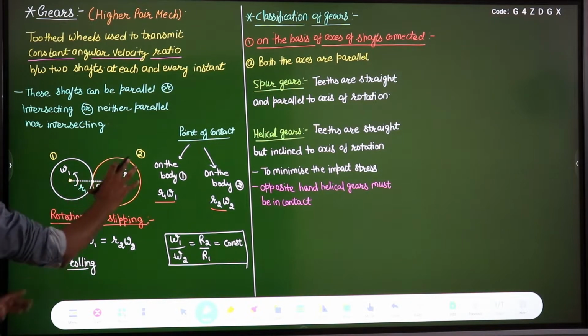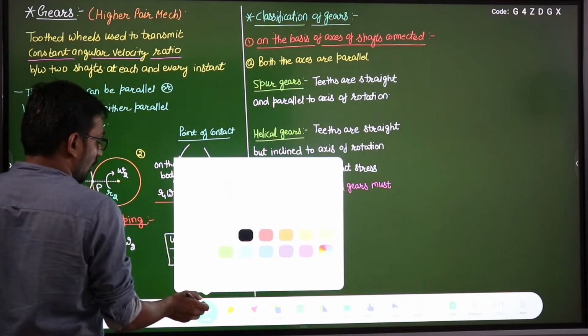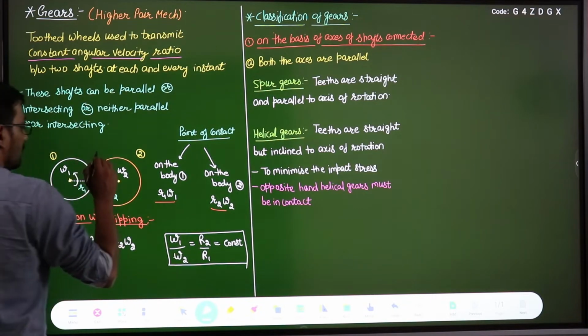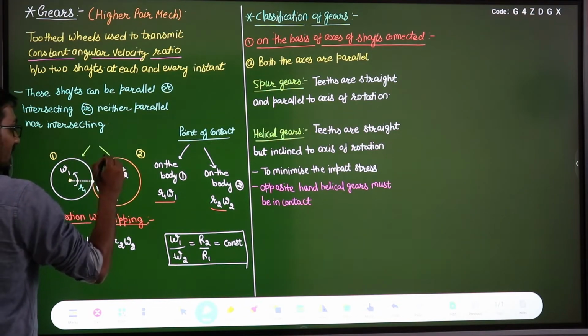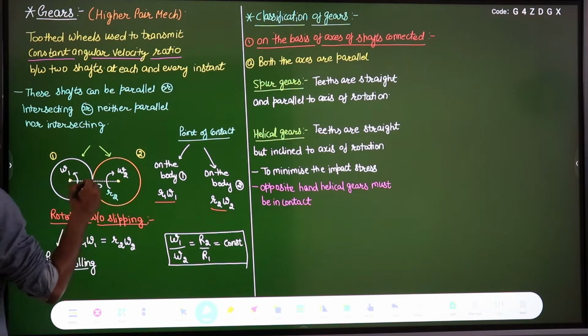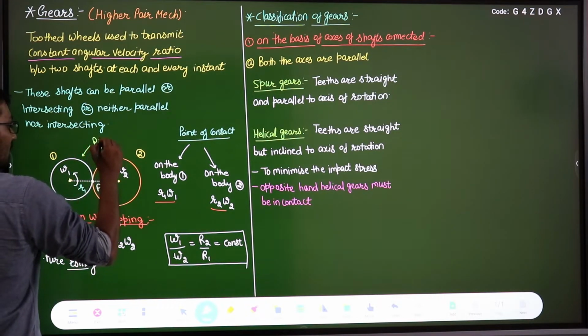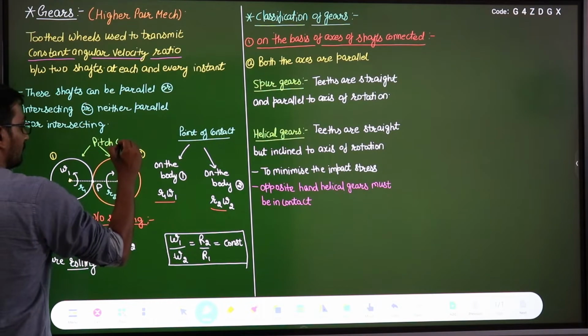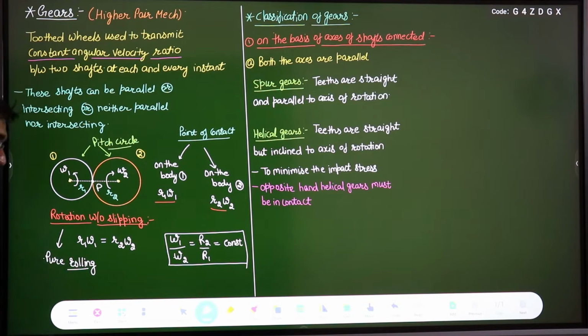So these two circles will represent two gears, and we will discuss this in the nomenclature of the gear. These imaginary circles which are in contact at this point P are known as pitch circles. We will discuss this later on.